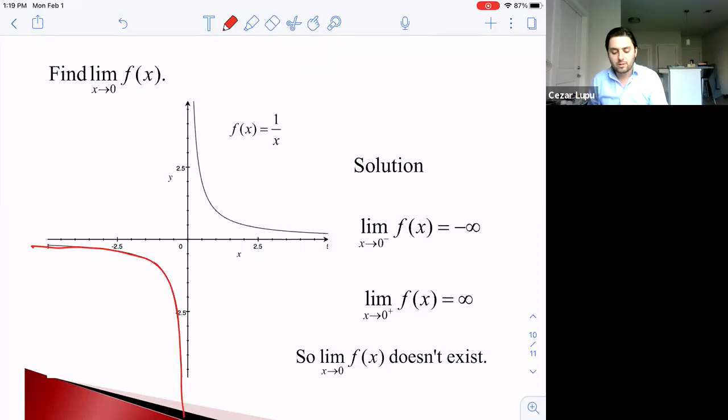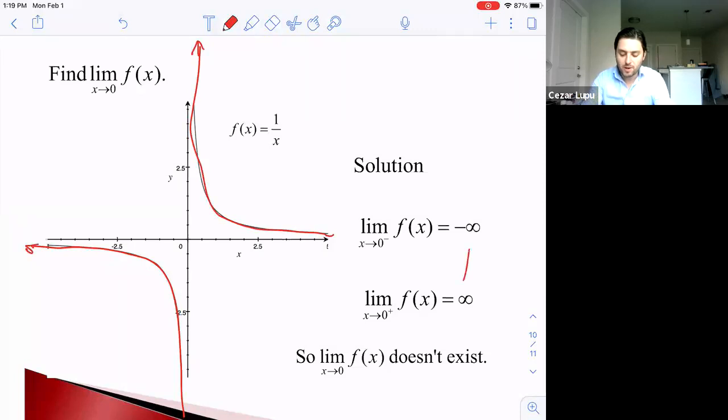So the limit will be negative infinity. But now if I'm approaching from positive values, the graph will rise. It goes up to positive infinity.